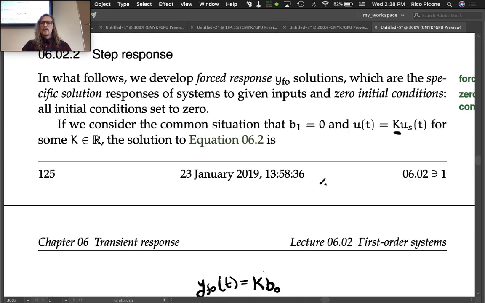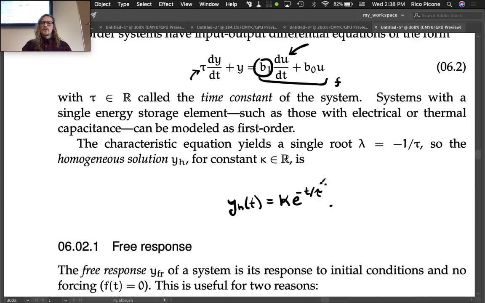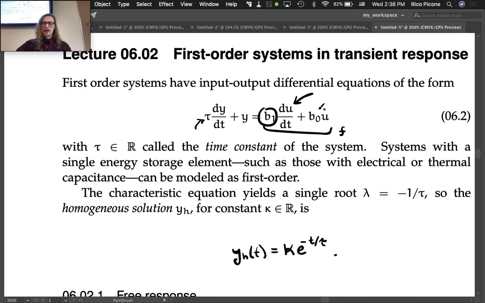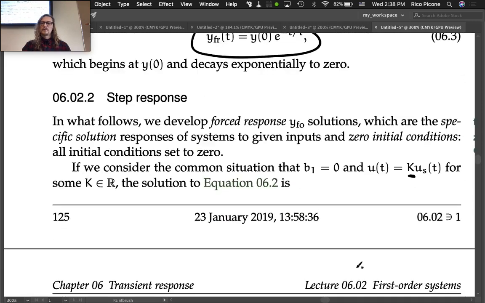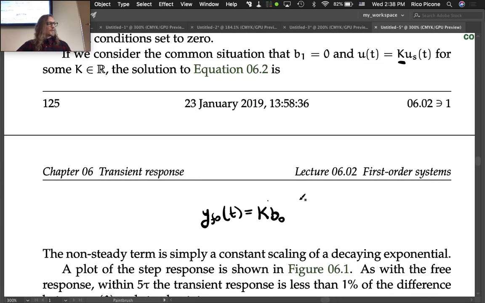So b naught is right here, right? That's b naught. So scaling our input, times 1 minus e to the minus t over tau.